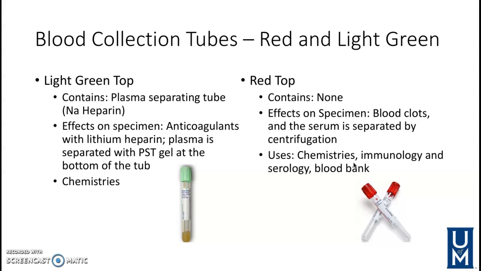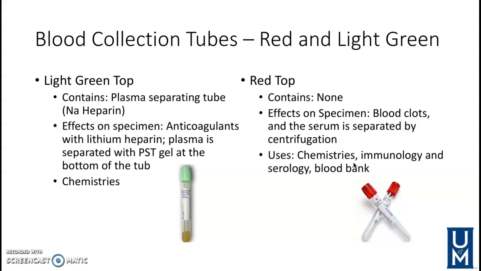We're going to talk about color, but I don't need you to know all of the details. What I want you to know for these vacuum tubes is really the order that we draw them in. It is important that we draw these vacuum tubes, meaning we collect them in a certain order based on their color. We'll get to that just in a second. But over the next few slides, you'll see that we have these different colored tops. It tells you what type of additive or things that are inside the tubes and what they're used for.